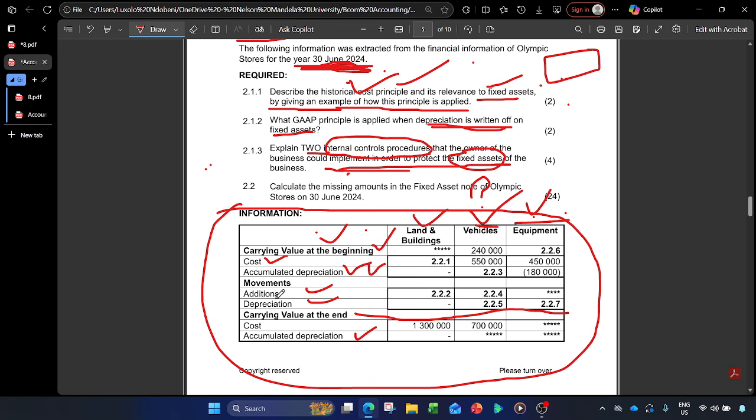Then the movements, that's where we have the additions. In additions, we write the assets we bought during the year. Let's say we bought an asset in December. That means the asset will start to depreciate from December. And there's also another asset that was available at the business at the beginning of the year.